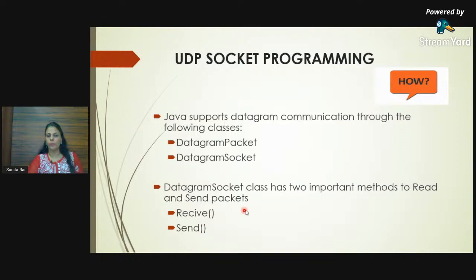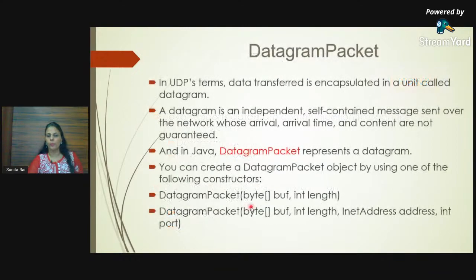We are basically going to use the send and receive methods. So whatever the task is, it is done through packets, send and receive, and they play the role. So now let's understand what I have given in this slide. So in UDP terms, data transferred is encapsulated in a unit called what?